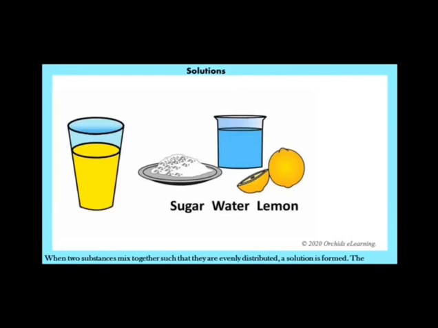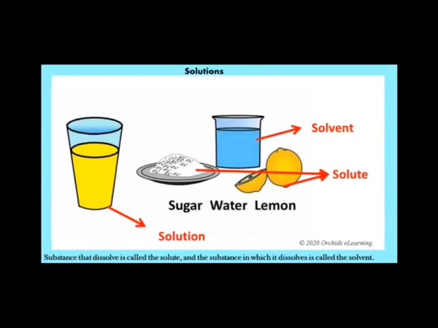When two substances mix together such that they are evenly distributed, a solution is formed. Okay, so the substance that dissolves is called the solute and the substance in which it dissolves is called a solvent. Suppose we have sugar and lemon and a glass of water, and I have to make a solution.